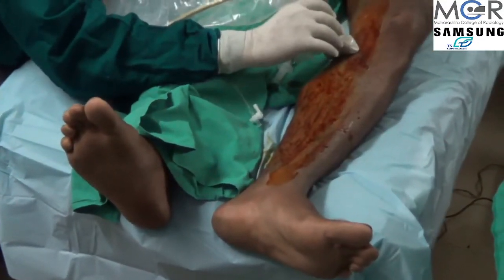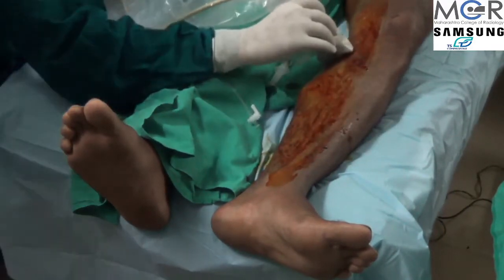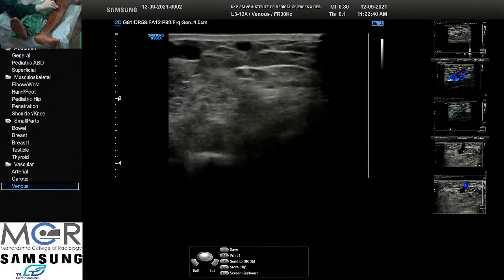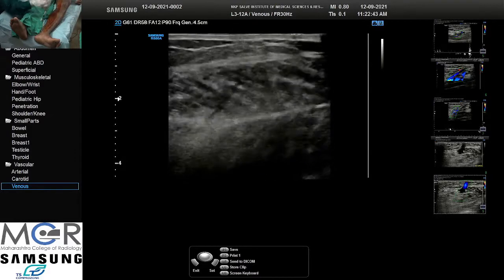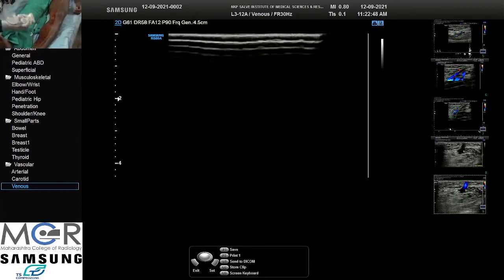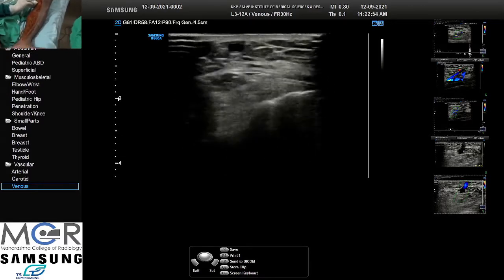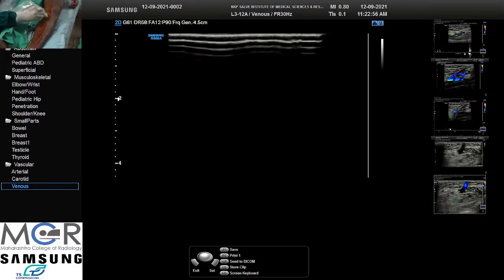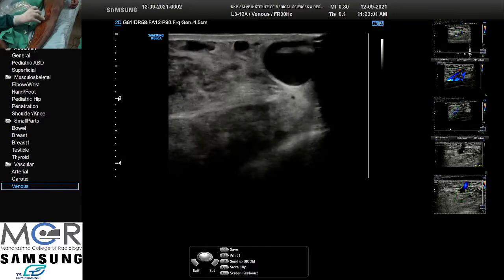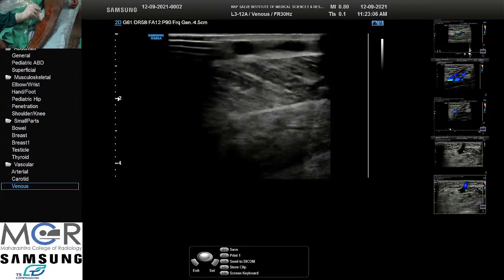We'll scan the patient and look for the vein where it is not tortuous and is straight.